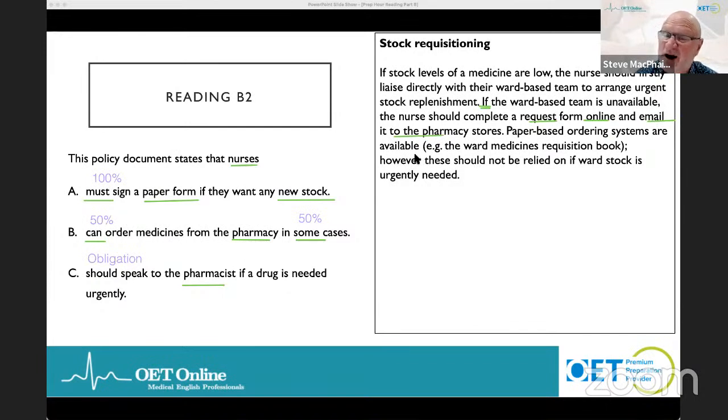Paper-based ordering systems are available. There's a medicines requisition book. However, they should not be relied on if ward stock is urgently needed. So we better go for online if we're in a hurry. All right, now if you identify anyone that's incorrect so far, type it in. Anything you see as being wrong.